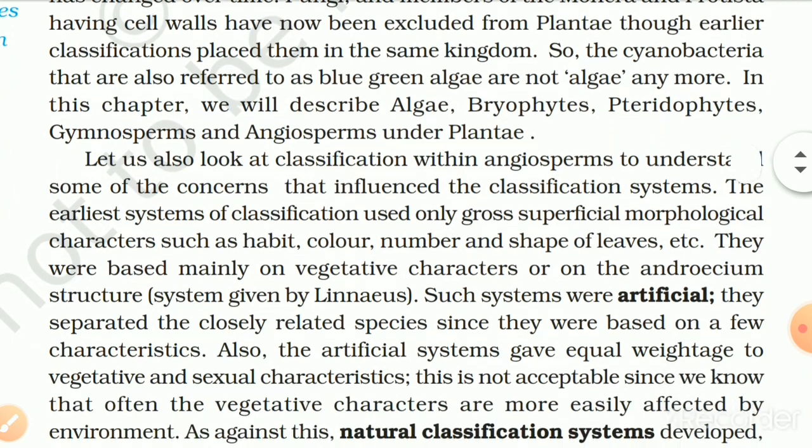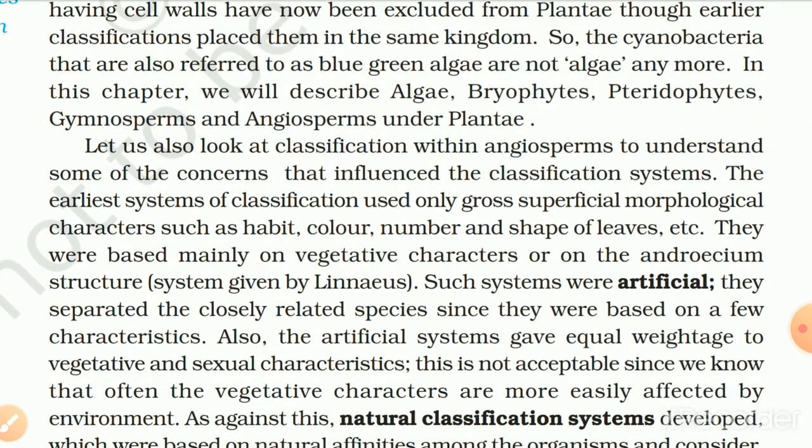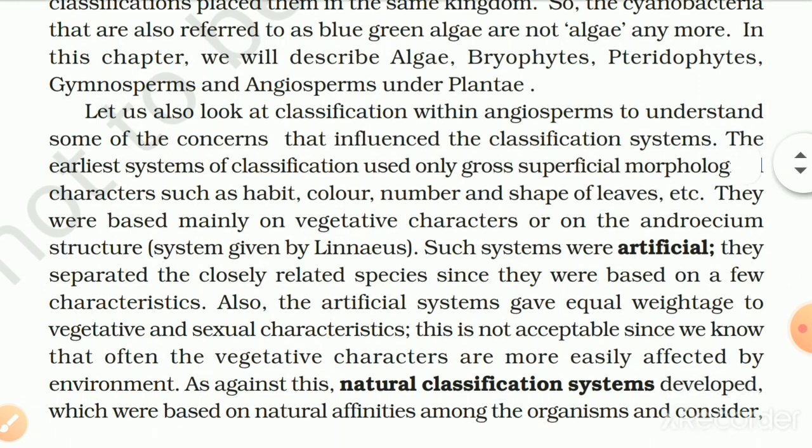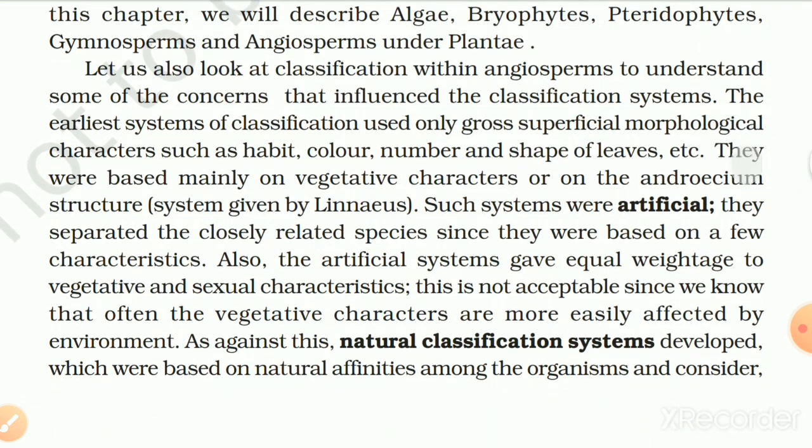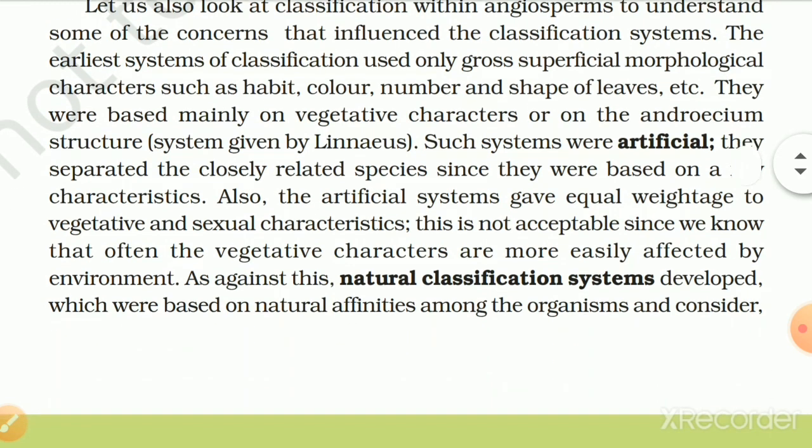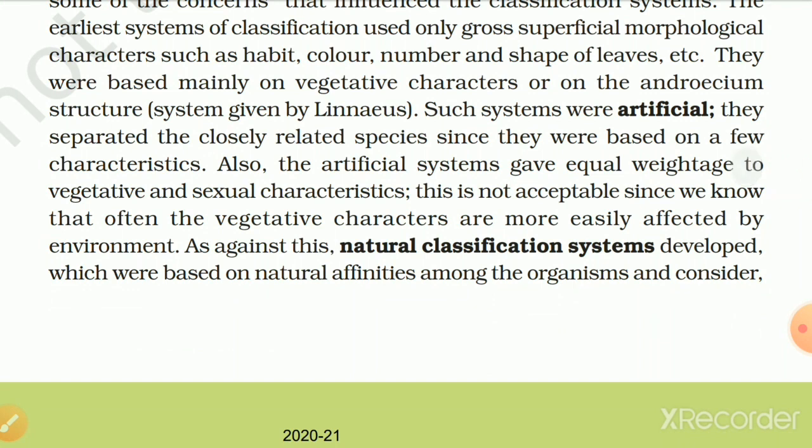Let us also look at classification within angiosperms to understand some of the concerns that influence the classification system. The earliest system of classification used only gross superficial morphological characters such as habit, color, number, and shape of the leaves, etc. They were based mainly on vegetative characters or on the androecium structure, as in the system given by Linnaeus.